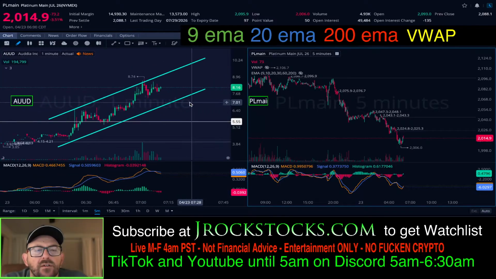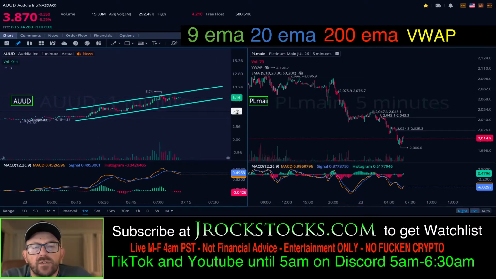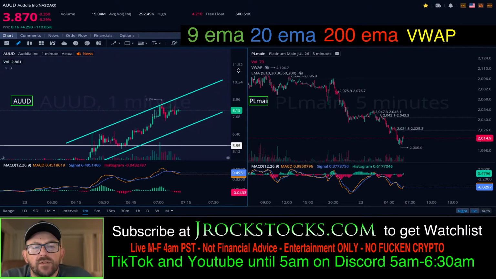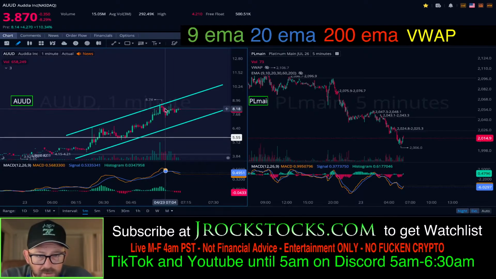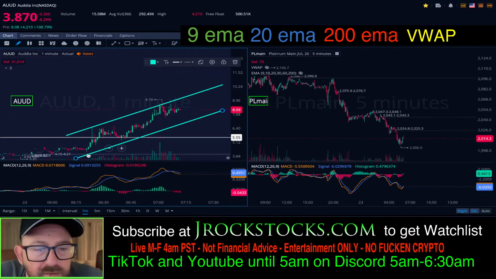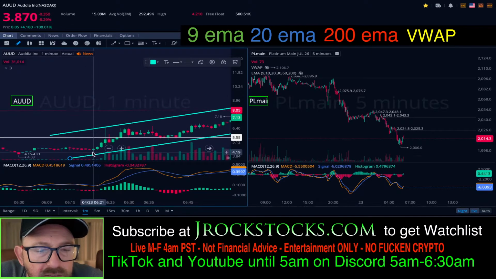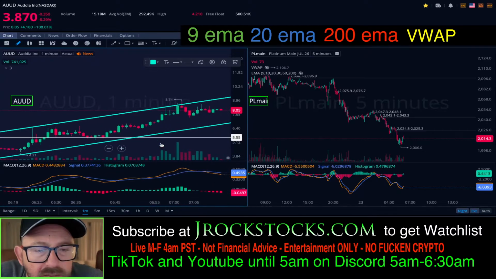Nice chart on AUUD. Give you some targets, right? You want some targets, I'm sure. Well, it kind of double topped right here, so we'll see if she'll come right back down to this little green line. And now you can adjust this. See how if you zoom in on this, it's not touching where it should be. It's not touching that wick.